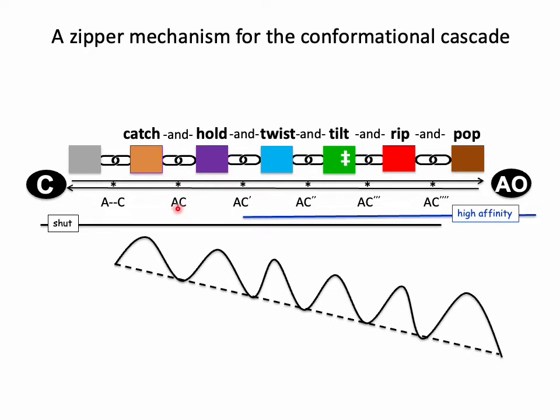But this is the AC state, which everyone puts in there, even though it hasn't been found structurally. That's the low affinity state. And of course, there's a very low affinity state here before the agonist has formed a low affinity complex. And the black line represents all the states that are non-conducting or shut, all the way from C. In this model, the only state that is conducting is O. And this shows the linear free energy relationship between those states.